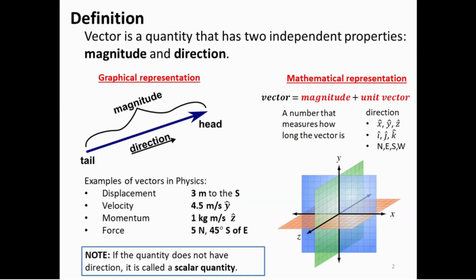First, a magnitude, which is a number that measures how long the vector is, or how strong the vector is, or how large its value is. And the other part of the vector is the unit vector, which gives us the direction, or where the vector is pointing towards.